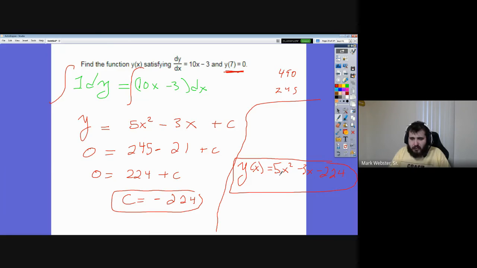If I plugged in 7, then I should get 0 as my output. Yeah, right? This is 245 minus 21 minus 224. Better be 0, right? That's how we got that in the first place, right? All right, let's do a couple more.